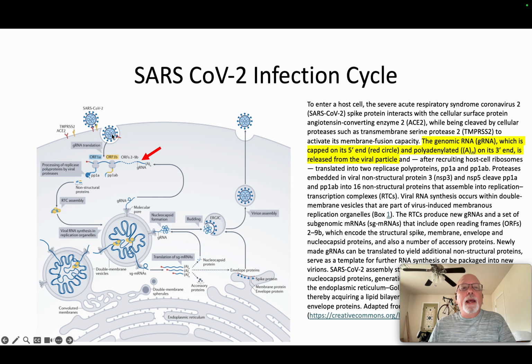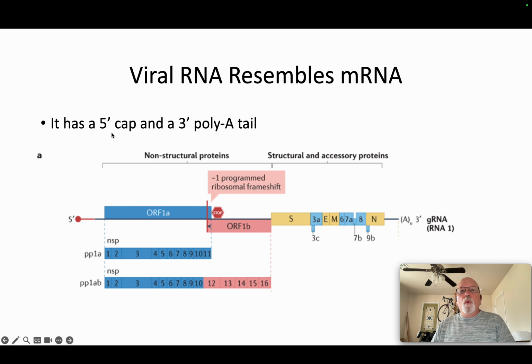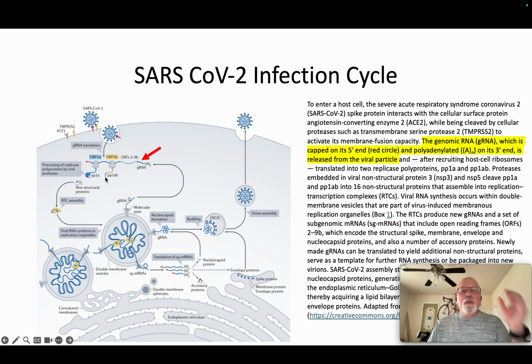And so what happens is when the cell brings the virus into it and breaks it down, it releases this RNA. This RNA, which looks very much like messenger RNA, is then going to be translated into two proteins, PP1A and PP1AB.